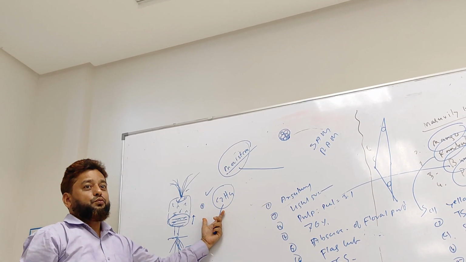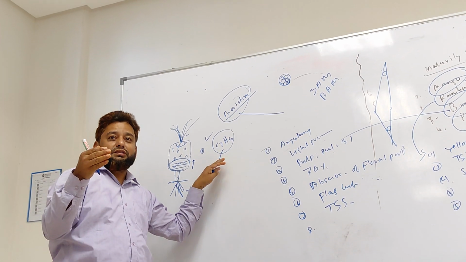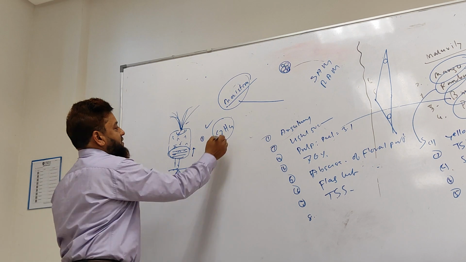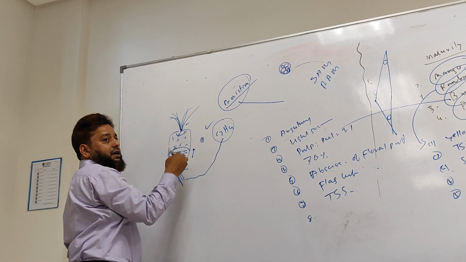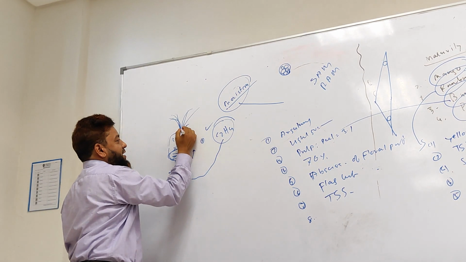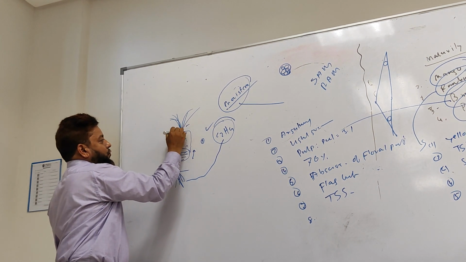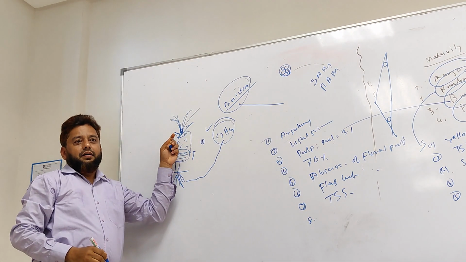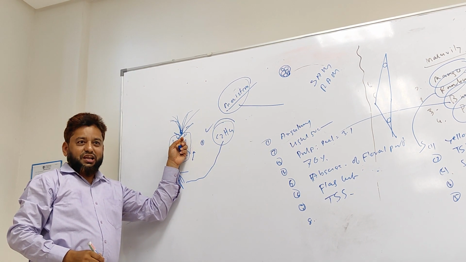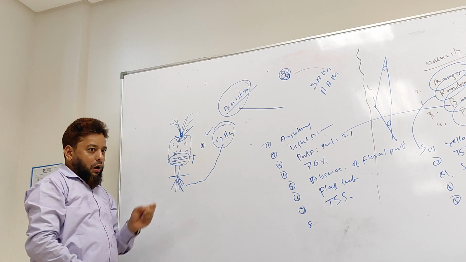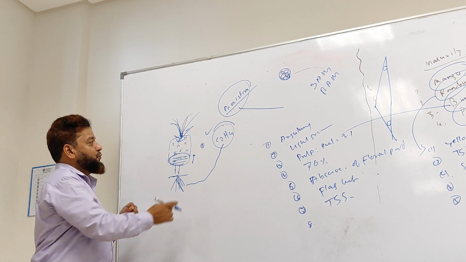So for these types of fruit, now my question: why does the fruit start ripening from the base? For these types of fruit, this hormone is made here. There's a stem and leaf, so it looks like a new seedling.